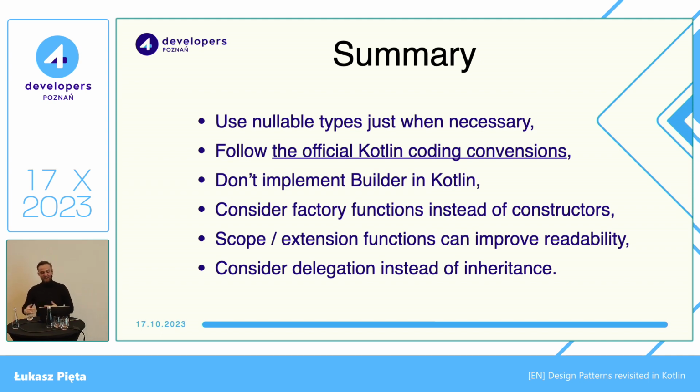And the second tip: follow the official coding conventions, because we don't need to reinvent the wheel. Some topics have already been talked through with the Kotlin team. And don't implement builders in Kotlin. I know that when we use Kotlin, we still probably use some Java libraries, but not every time, because Kotlin is multiplatform.